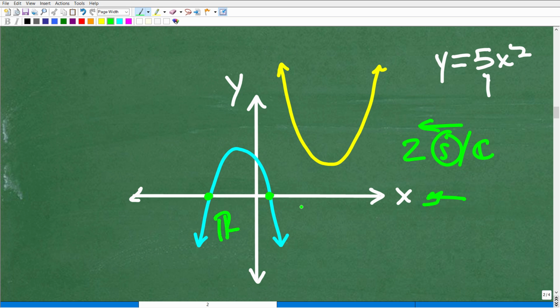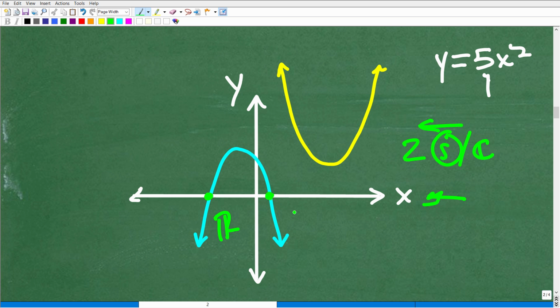So if you do have imaginary numbers or complex solutions, your graph will not be crossing through the x-axis. And what I'm talking about here transcends beyond quadratic equations, and really we're talking about polynomial equations in general.